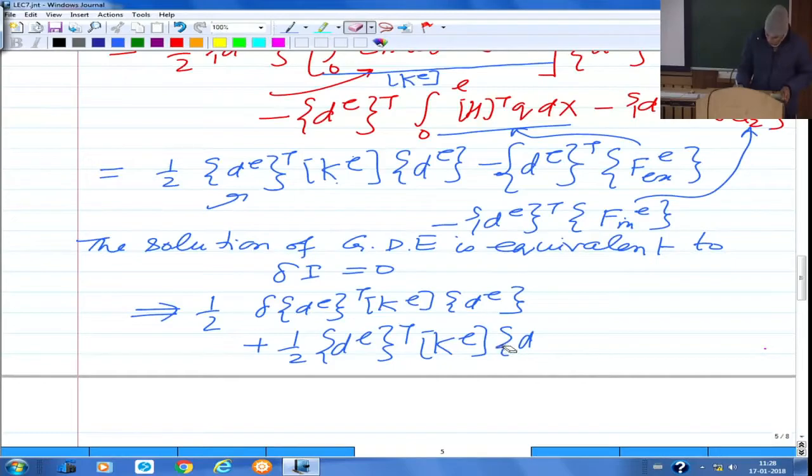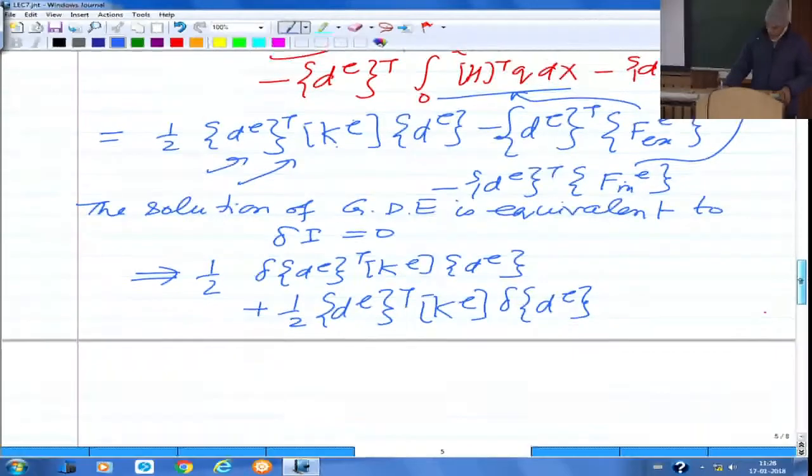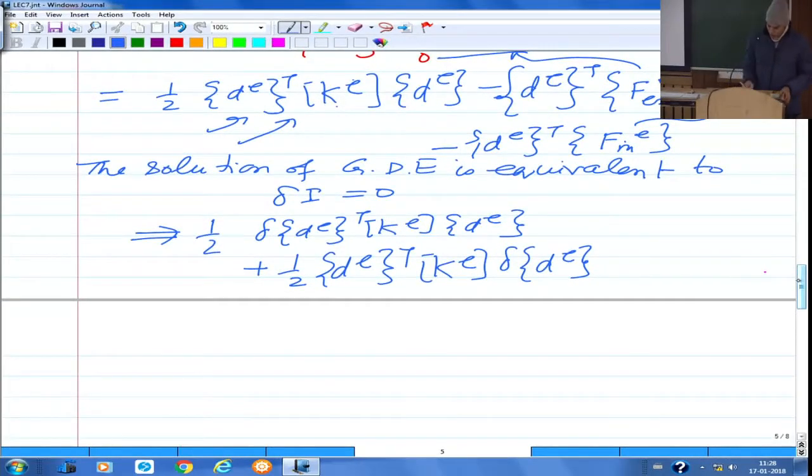When we take the variation of this term, we get two terms: the variation of the first into the second, plus the left-hand side as it is into the variation of the right quantity. This is a consistent way of writing it.